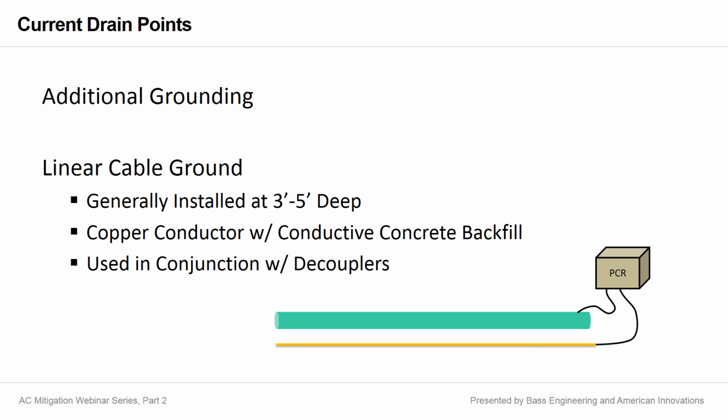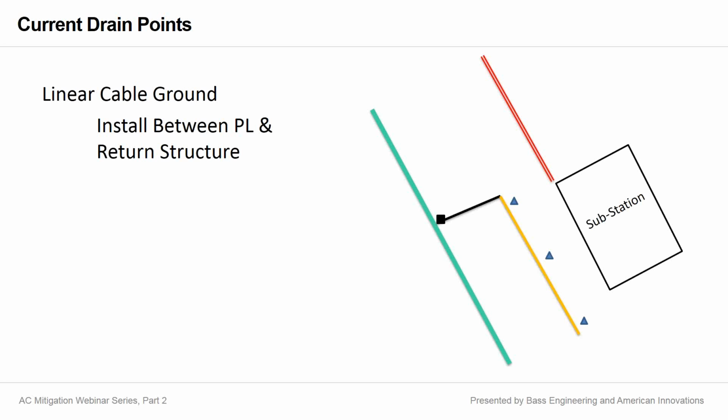There are other cable grounds that have been used in the past. Many of you may have experience with zinc anode material. Some people may have experience with steel cables. We've certainly heard of all of those. We would prefer a copper conductor in most instances.